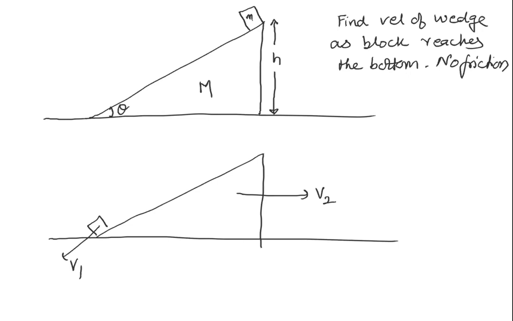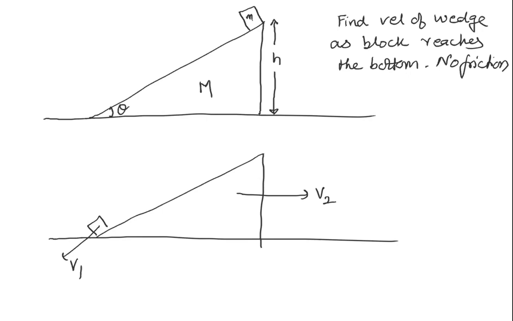This v1 is the velocity of the block with respect to the wedge. I have drawn the velocity of the block with respect to the wedge. With respect to the wedge, its velocity will be along the incline. But with respect to the ground, its velocity is not going to be this. This is not the velocity with respect to ground.